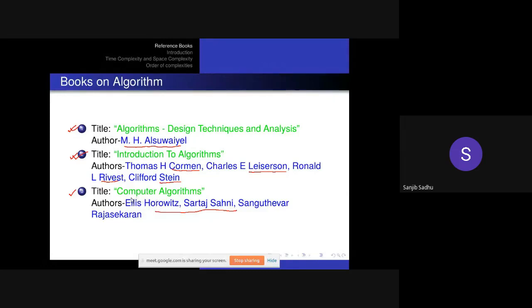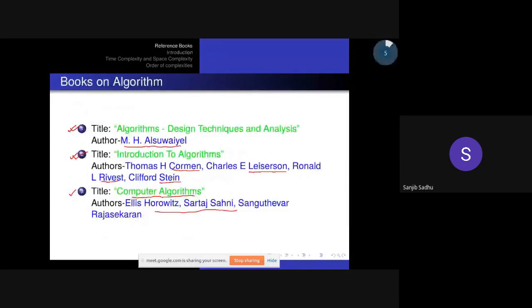Don't see the data structures book. He is the author of another book, data structures. I am asking about the computer algorithms book. Sartaj Sahni and Ellis Horowitz are the authors.